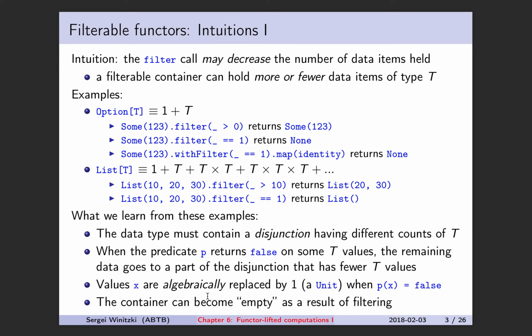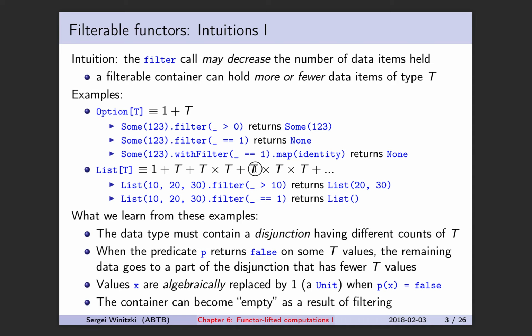The main intuition here is that a filterable functor must contain a disjunction that has more or fewer data items of type T. So when we filter, we may decrease the number of data items held in a container. If you look at this type formula, filtering means that we had, let's say, 2 elements and now we have 1, or we have 3 elements and now we have 2.